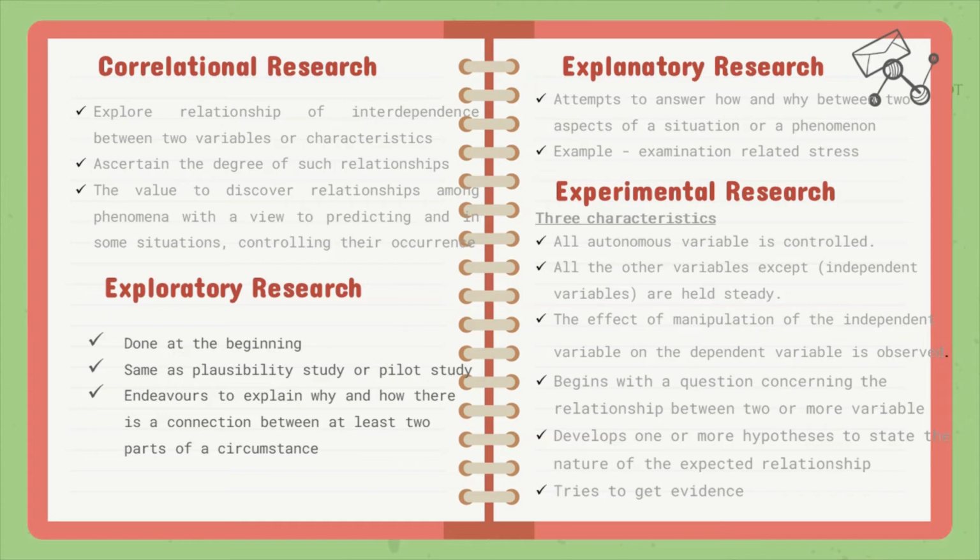So the next thing is explanatory research. Explanatory research always attempts to find how and why between the data and the phenomena or the situation. For example, let's consider a student who gets stressed out because of an examination.